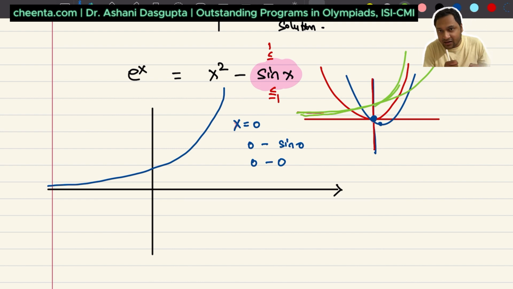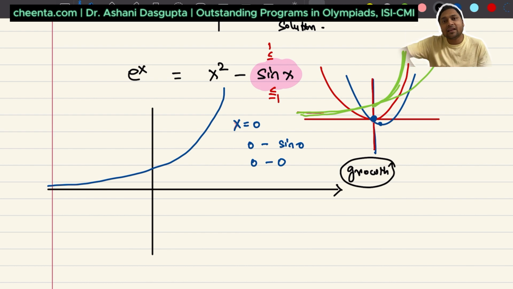It can cut through the other arm of the x squared minus sine x, or it could sort of go up like this. So here we have to use a very important concept of growth of a function. Growth: how fast the y value is going compared to the x value.